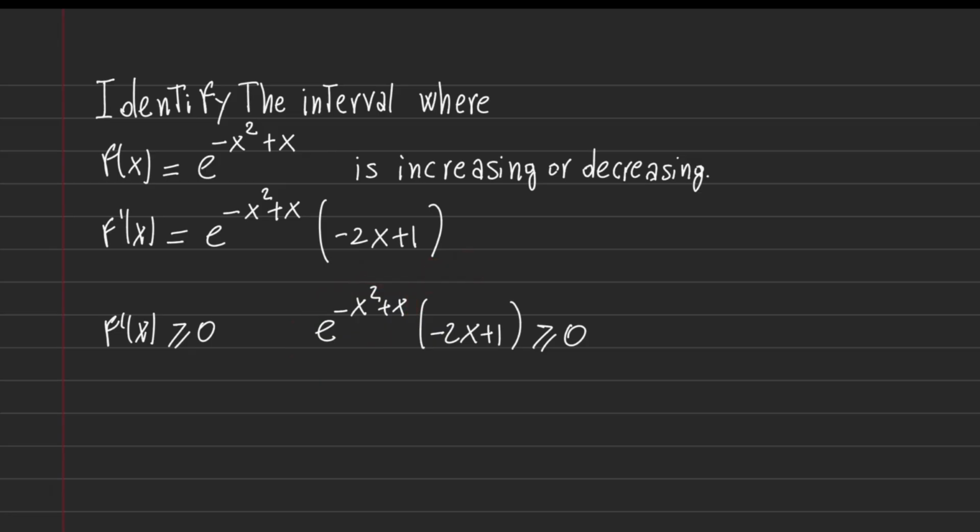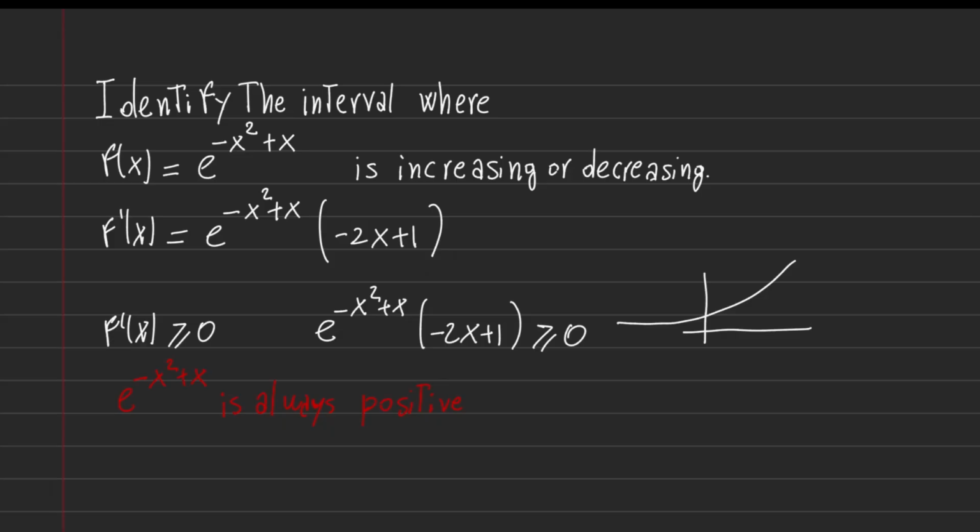Indeed, you remember that whenever we plot the exponential function, e to the x, we see something like this, which is never negative. So we can immediately conclude that e to the (minus x squared plus x) is always positive. Okay, never zero.